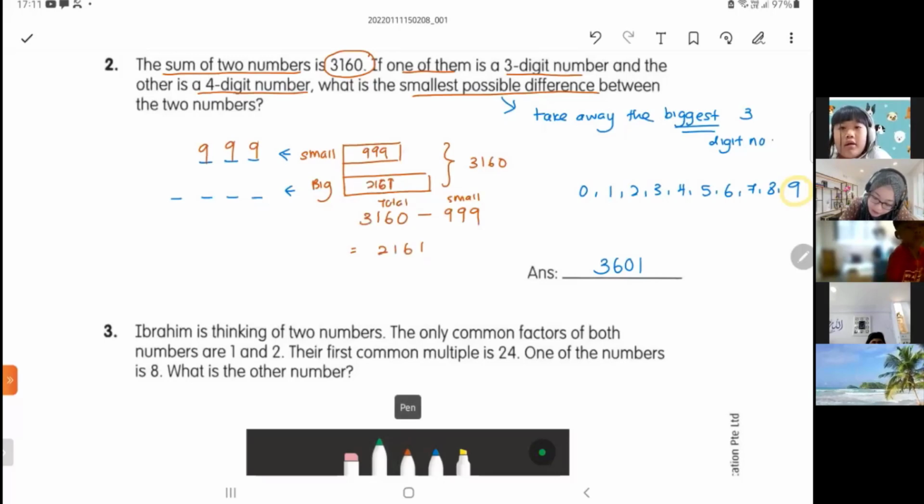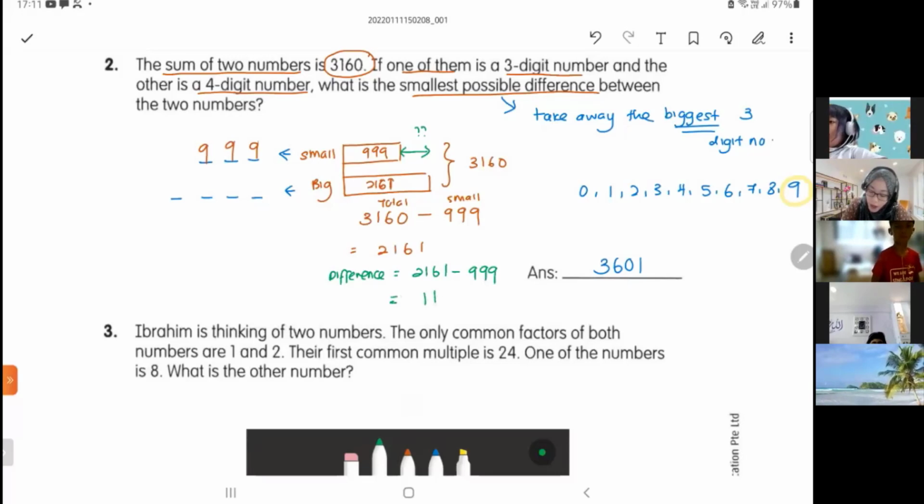Can I find the difference? Can, right? The difference means minus. So I take 2,161 minus 999 equals 1,162. This is the answer, 1,162.